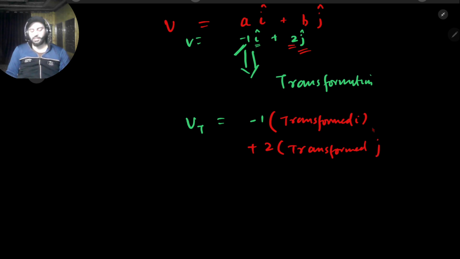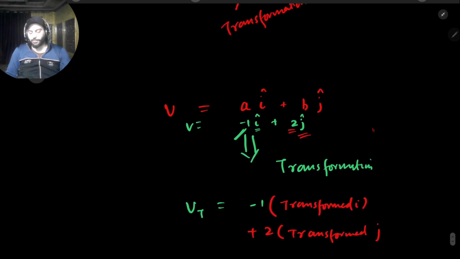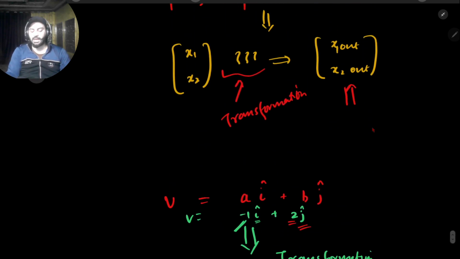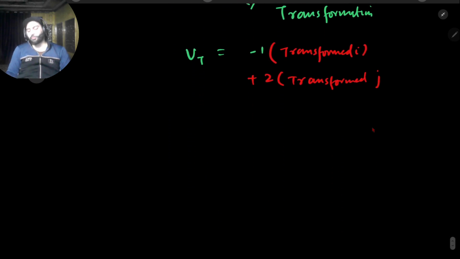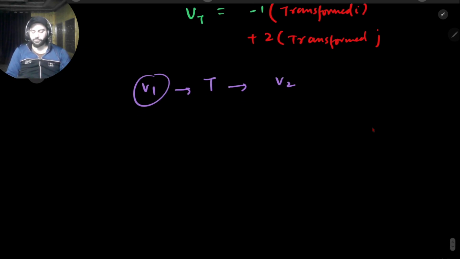So now I have learned how to get this output vector. Still, I have to mathematically model this transformation. If anybody asks how to mathematically get the vector, if you have a vector v and some transformation t giving you some vector v2, I'll represent this v1 in terms of basis vectors, which I call bases, because this v1 can be represented in the basis.